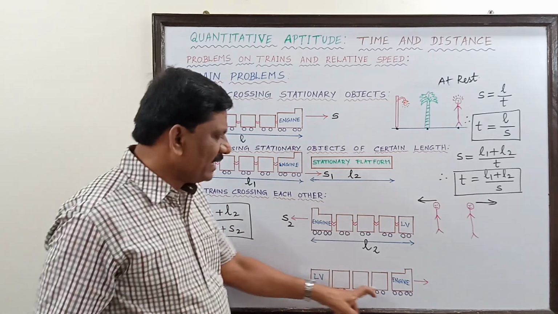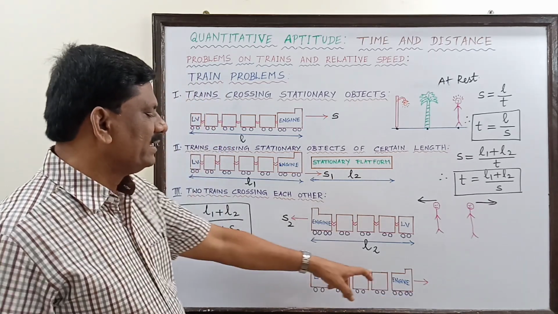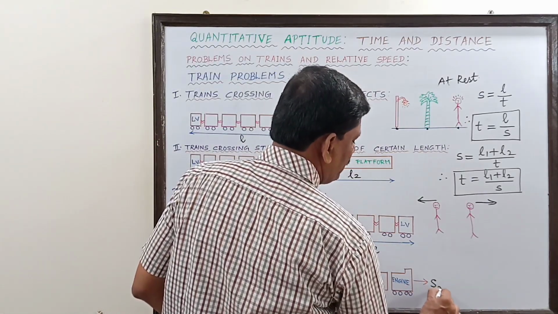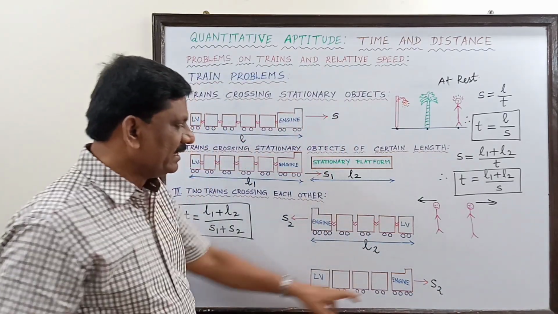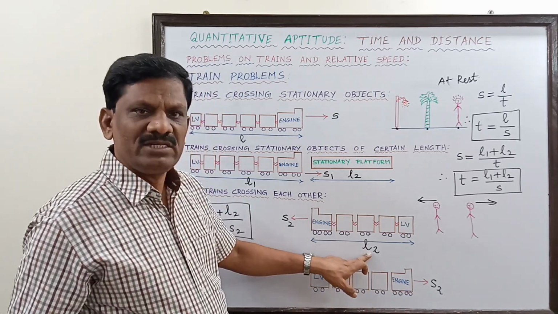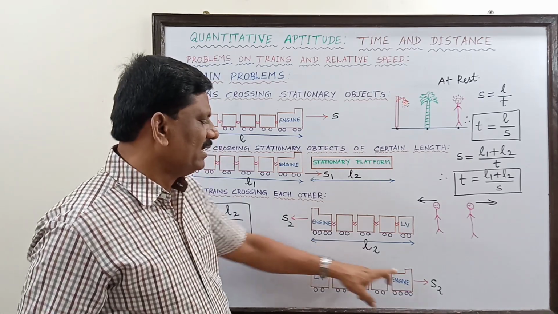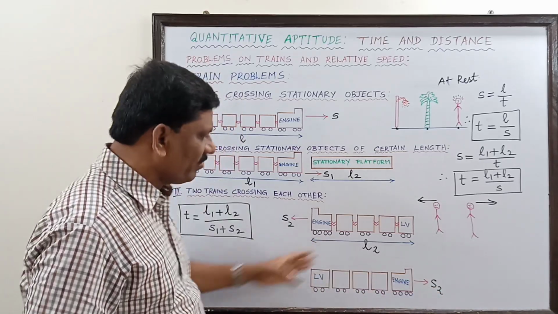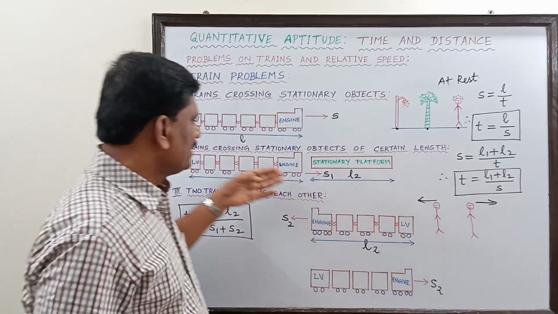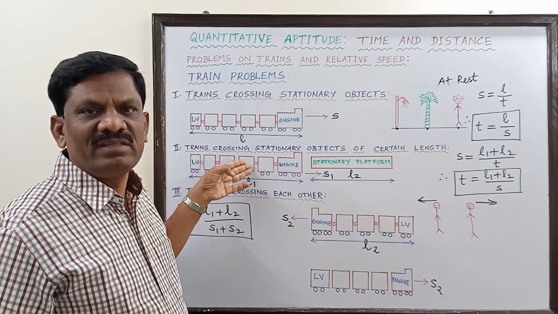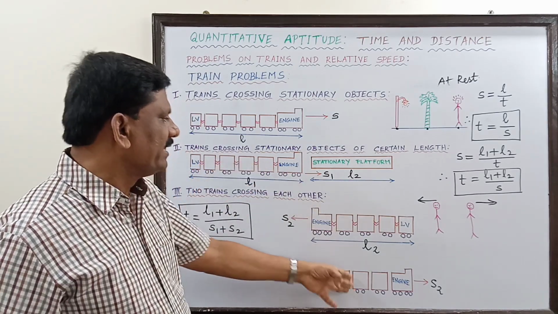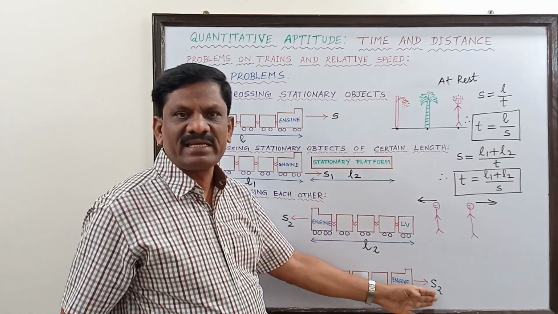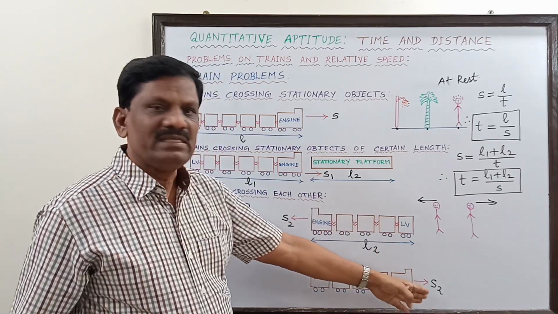And the last case here, you can see that this train has a speed S2 and the second train has a length L2, let us assume the same length only. Its speed is S2 here also, but the direction of the second train is also from left to right, the same direction as the first train. So in this case, the relative speed of the first train with respect to the second train is S1 minus S2.